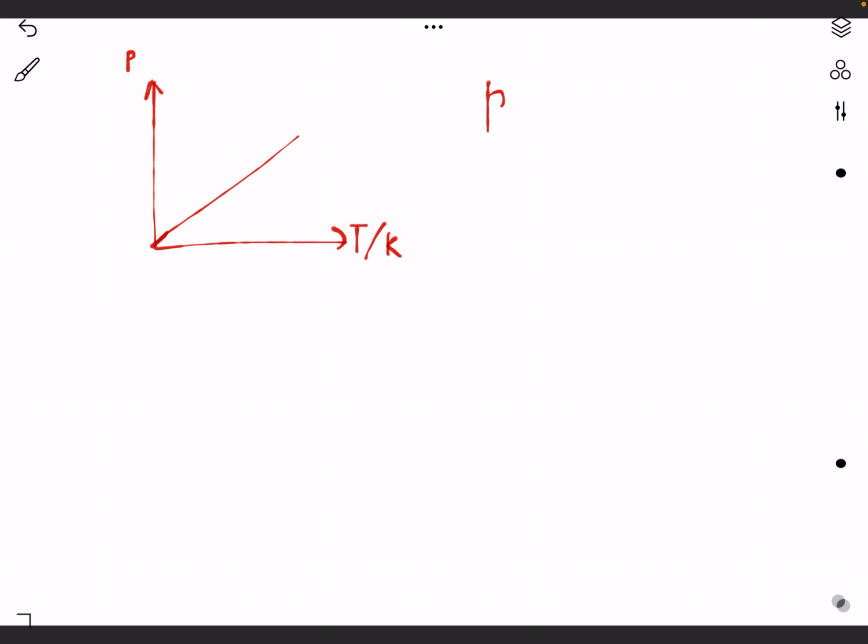So you can write P is directly proportional to temperature. And mathematically, you can write P equals KT, where K is a constant. So we have P over T is a constant. Let's say we have two situations.